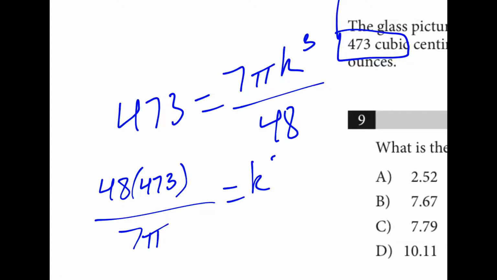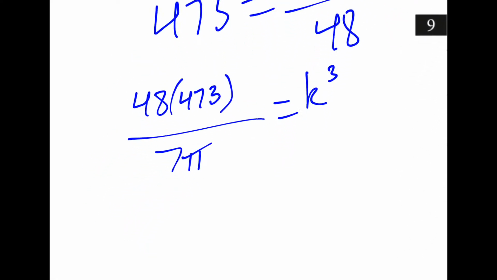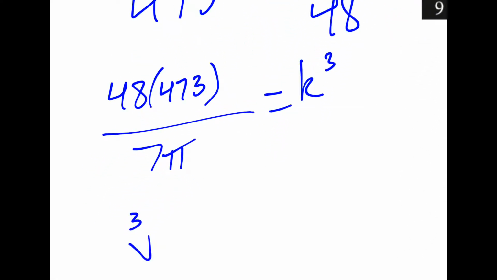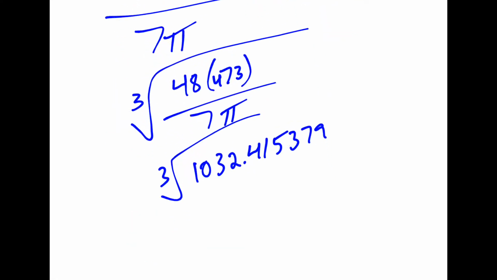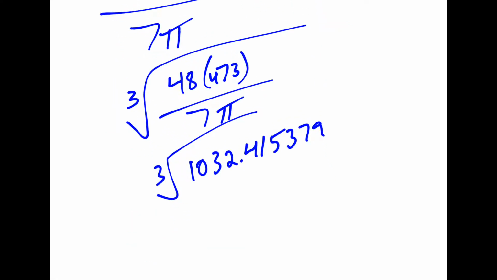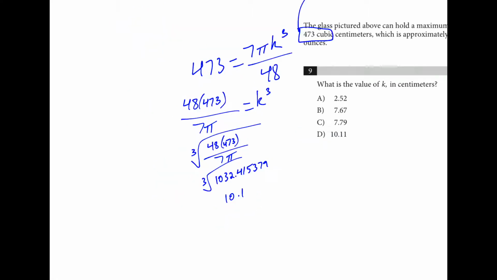And this tells us what k cubed is equal to. So we're looking for the cube root of 48 times 473 divided by 7 pi. So using our calculator a little bit, we can get to this value and take the cube root, and we get 10.1, which is D.